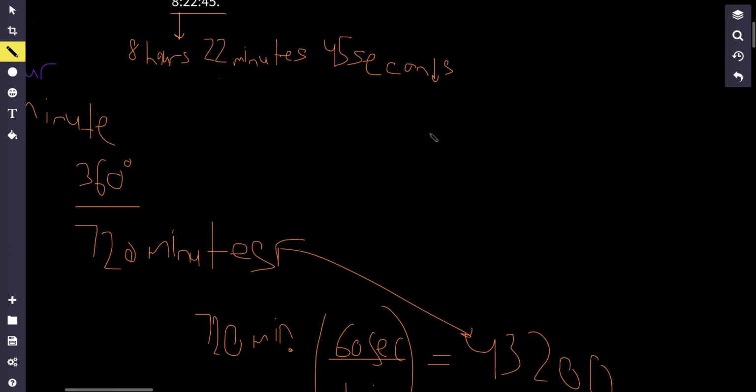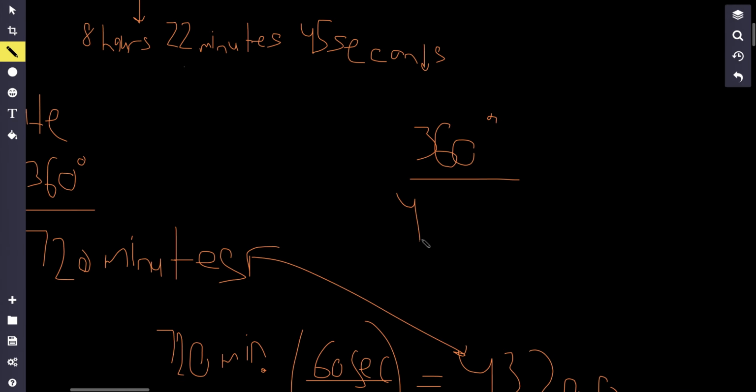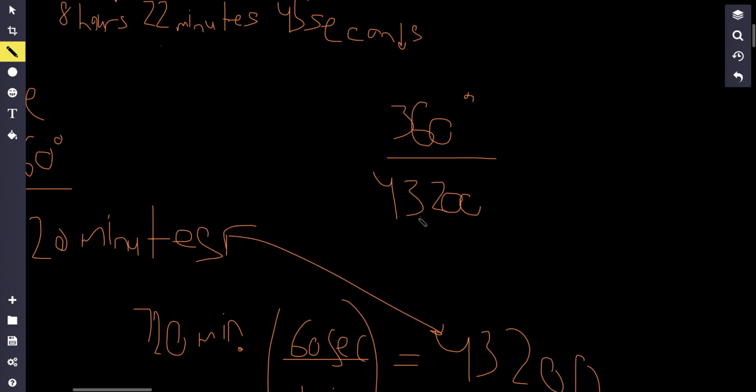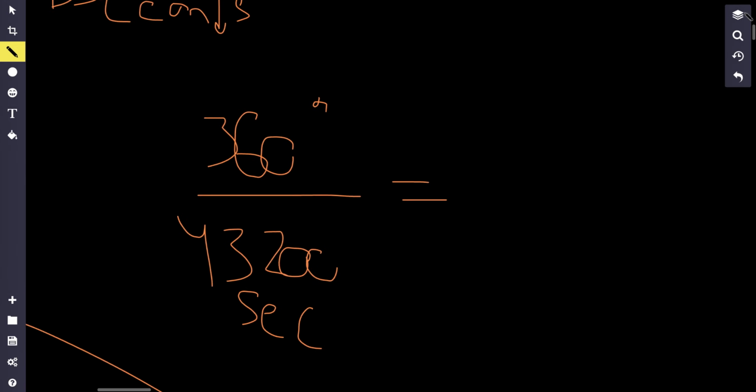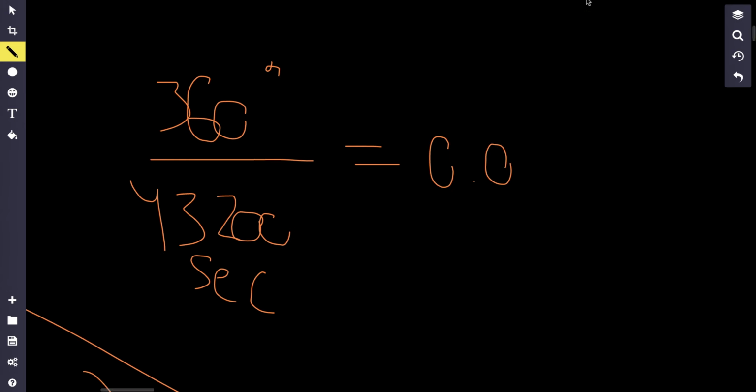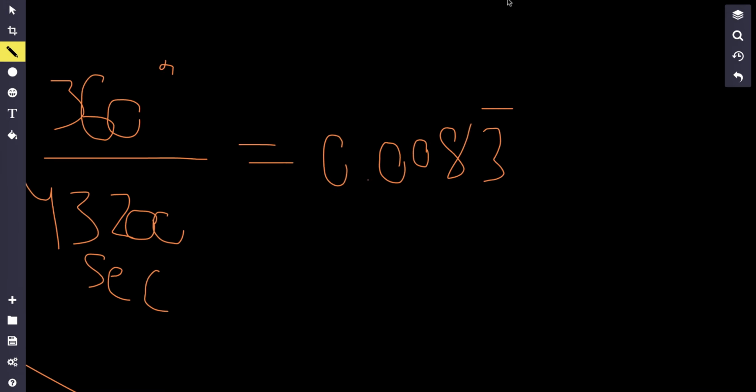All right. Now, we know that these two things are equal to each other, so let's substitute this in. So we get 360 divided by 43,200 seconds. Putting this into your calculator, you get a pretty small number: 0.00833 repeating, the 3 repeats on forever.